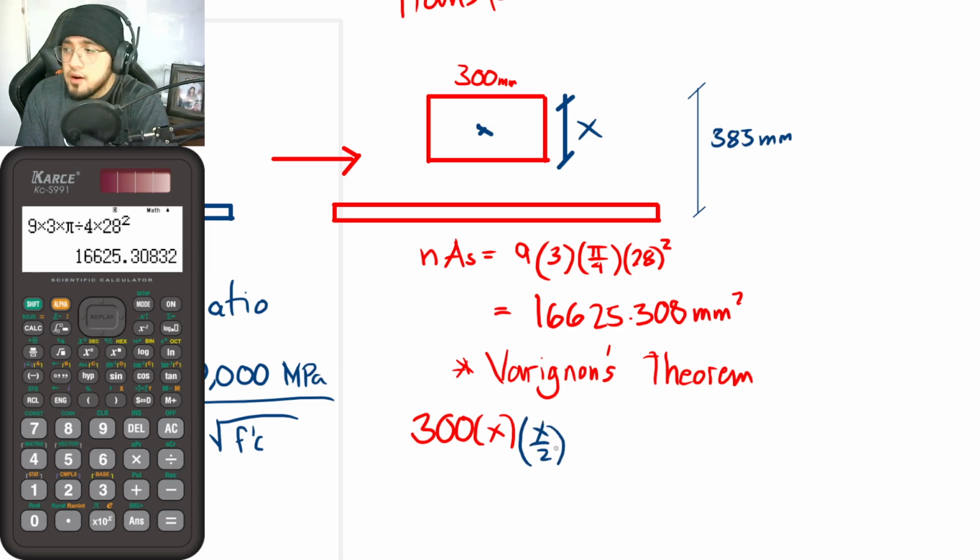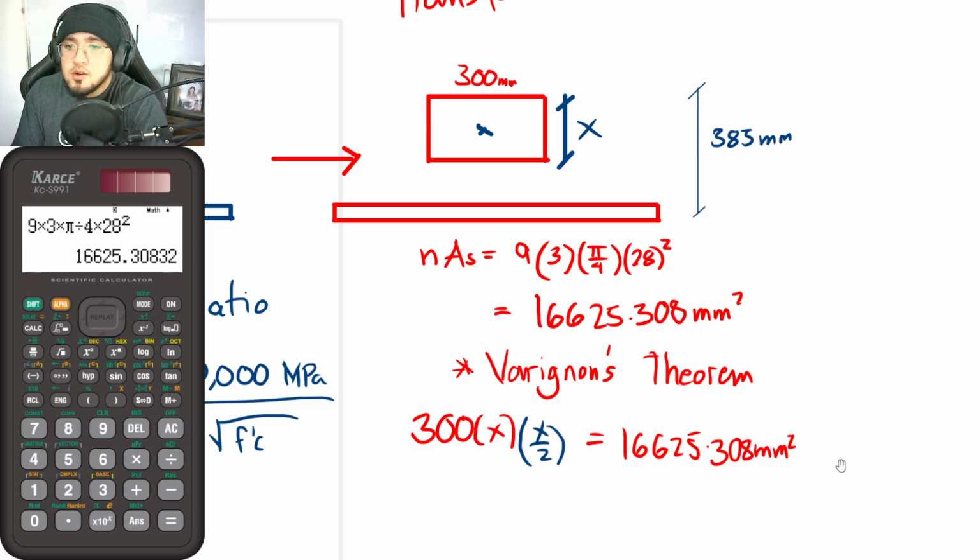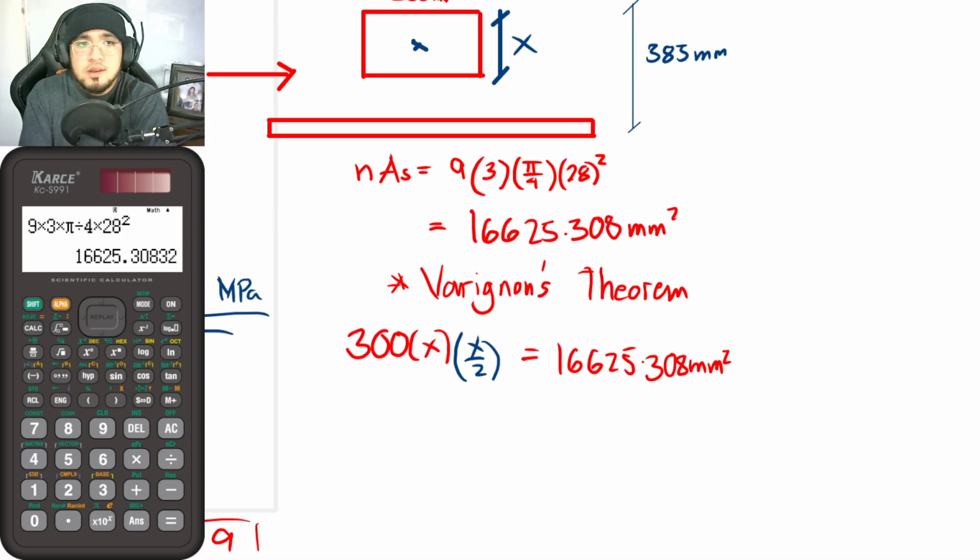So area times lever arm is equal to the area of the steel, 16625.308 millimeters squared. Take note that you should make use of the transformed section of the steel, times the lever arm.